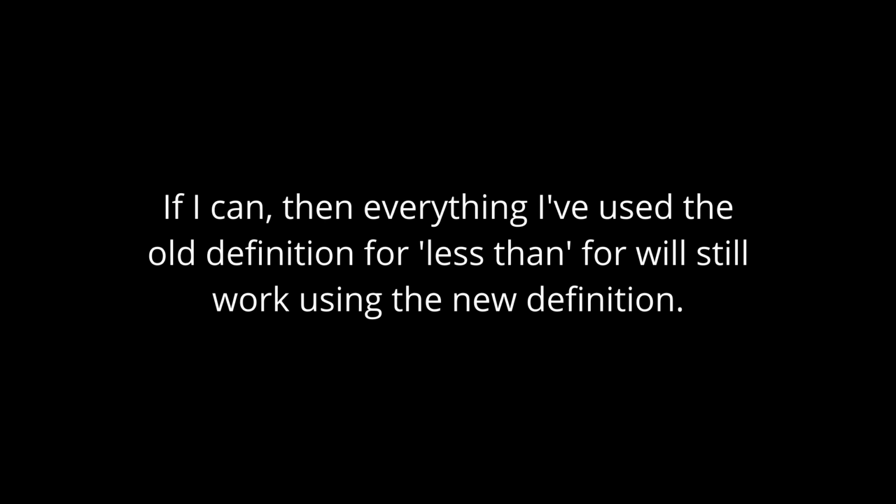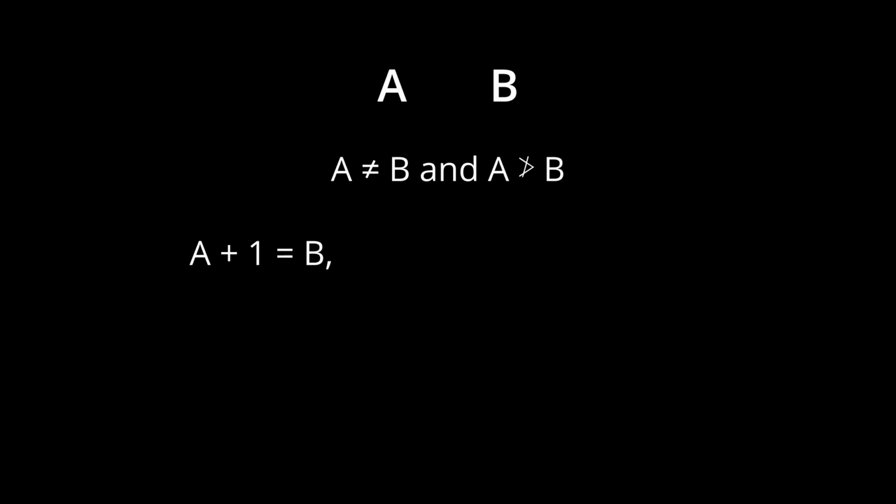So I'll say that I have some number a and some other number b, and I want to show that a is not more than or equal to b, exactly when the number after a either is b or is another number that is not more than or equal to b.